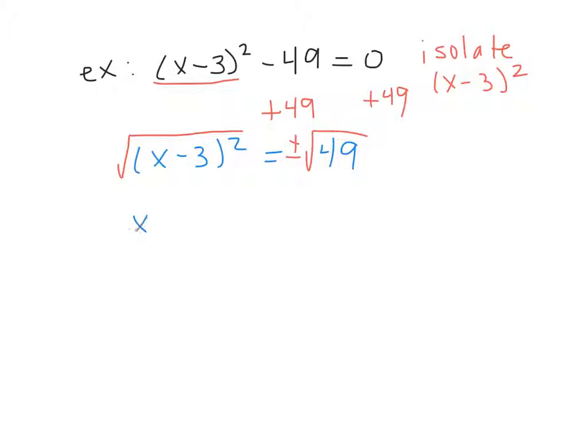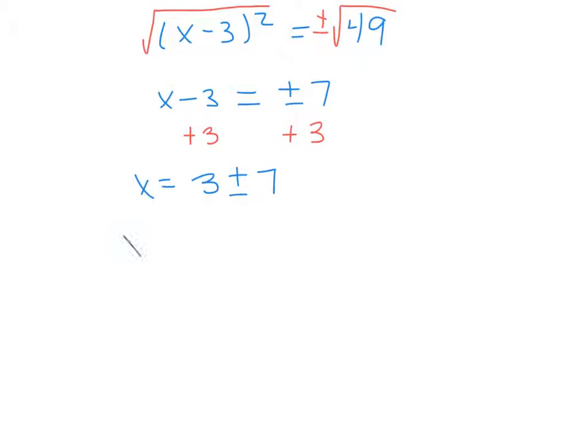So we end up with x minus 3 equals plus or minus 7, and add 3 to both sides to get the x by itself, and we end up with x equals 3 plus or minus 7. So this is going to give us two solutions. The plus case, we get 3 plus 7, or 10, and the minus case, 3 minus 7, a negative 4.